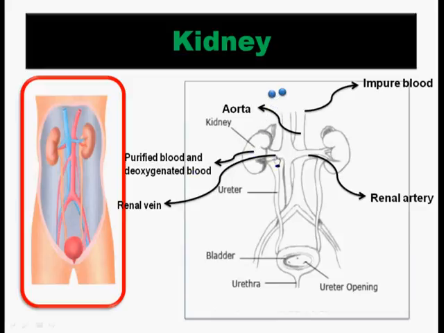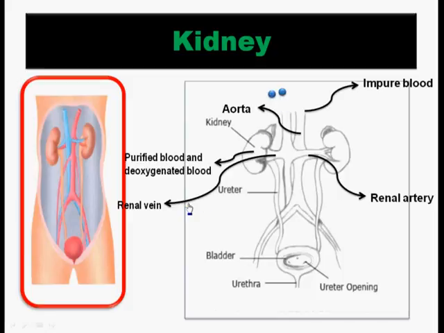Purified blood. So obviously when the blood entered the kidney, it was purified or cleansed by the what? Kidney. And then guess what happened? The blood is also what? Deoxygenated. Good.